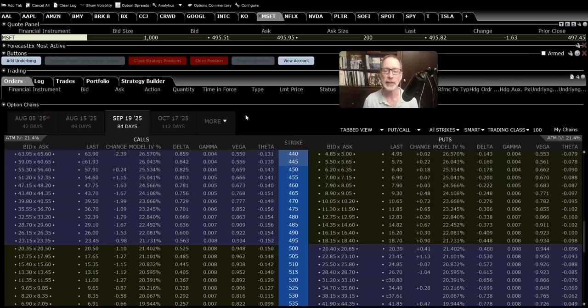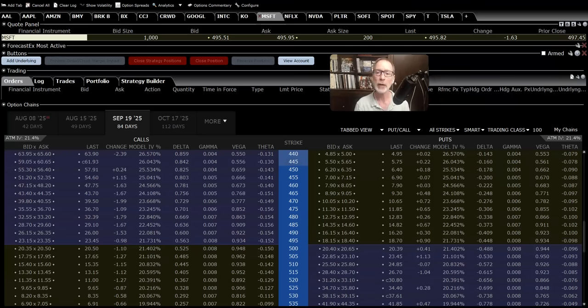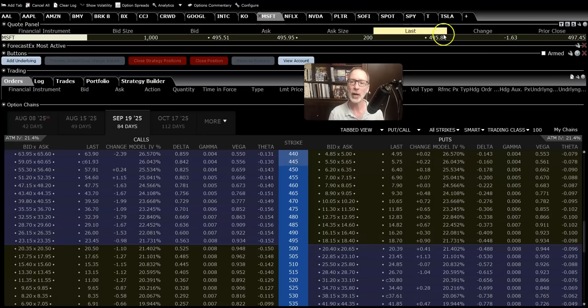The way to find the break even when you buy call spreads is you take the lower strike, which is the 495 in this case, and you add to it the cost of the spread. So 495 plus 2.85 is 497.85. So Microsoft in this case has to get up to $497.85 just to break even on the trade.